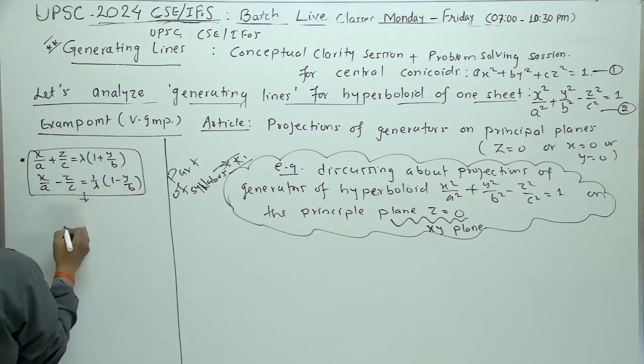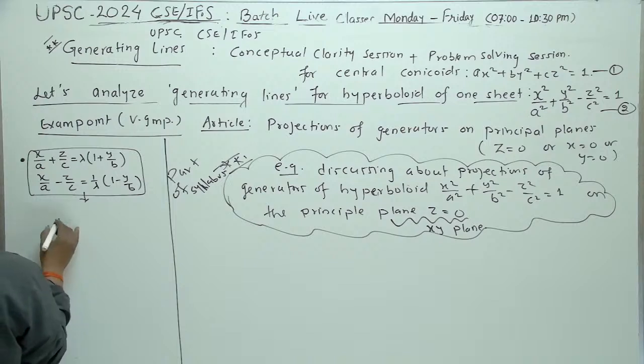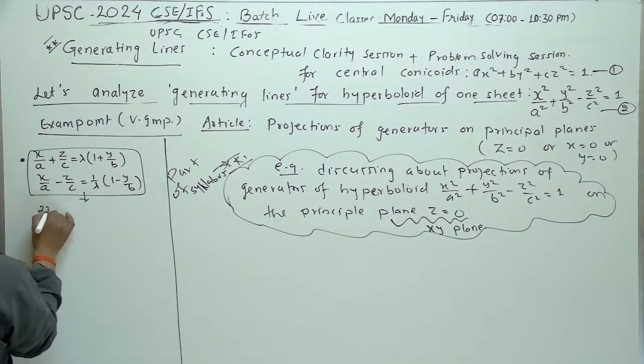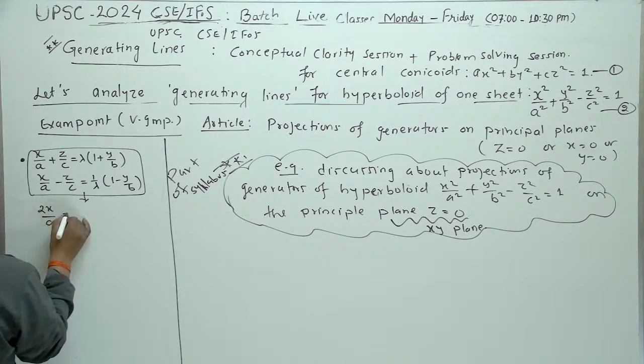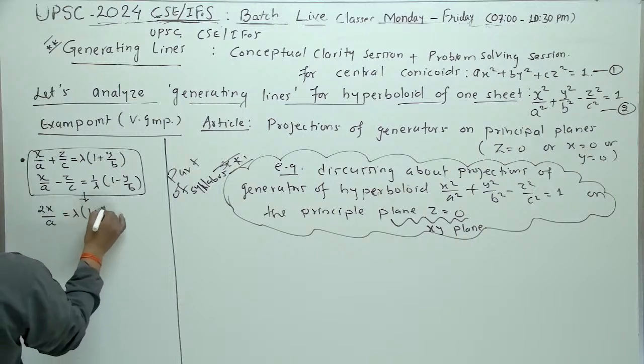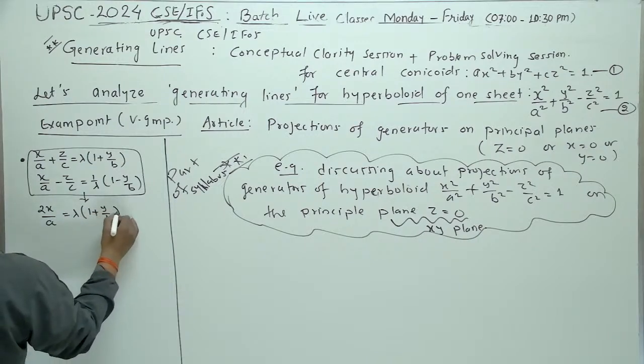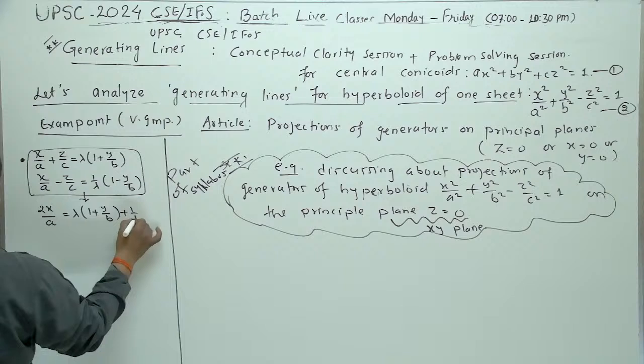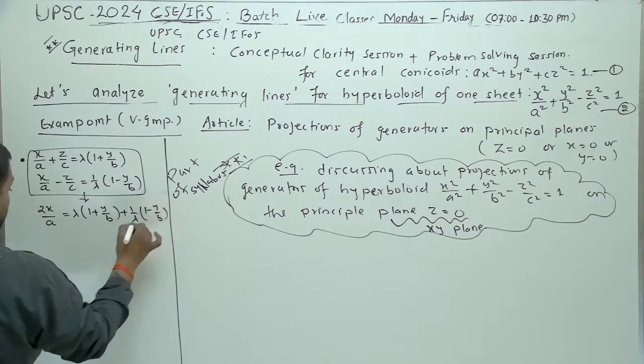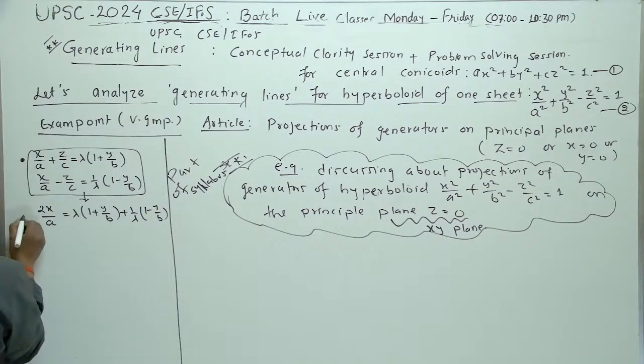This can also be written as, for the lambda system, 2x upon a equals lambda into 1 plus y upon b plus 1 upon lambda into 1 minus y upon b. Okay.